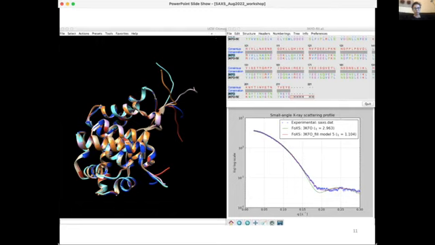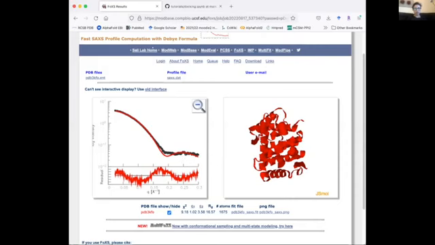We can upload those 5 models, and we can see that everything improves. So let's do it. Okay, so here is the server.